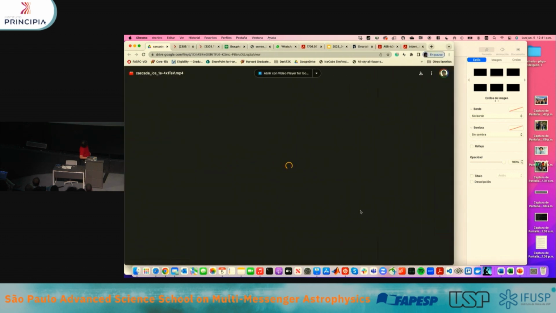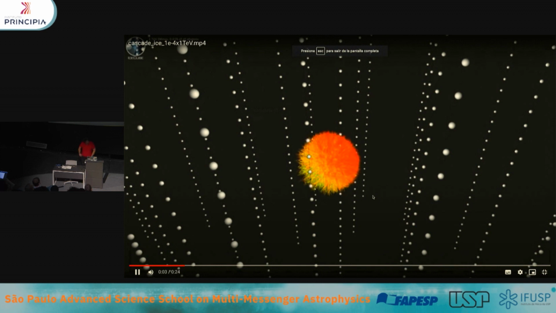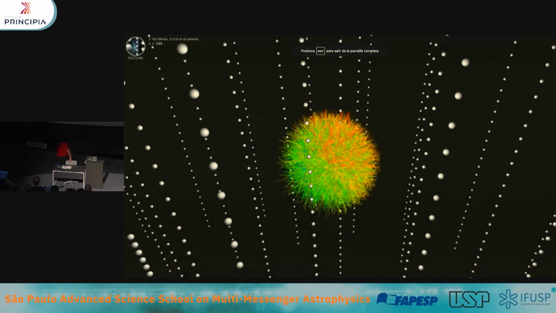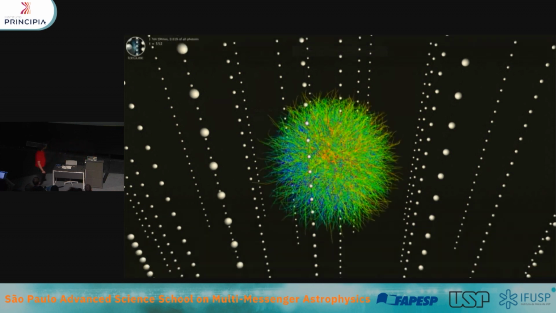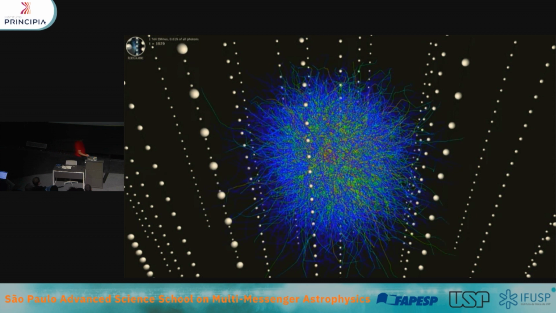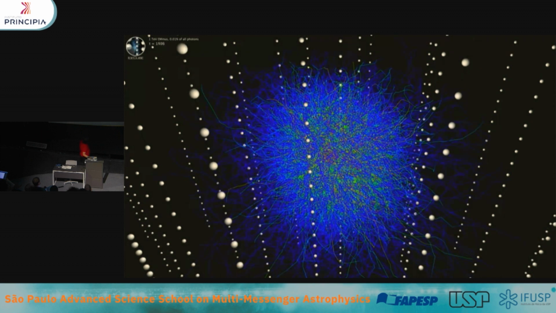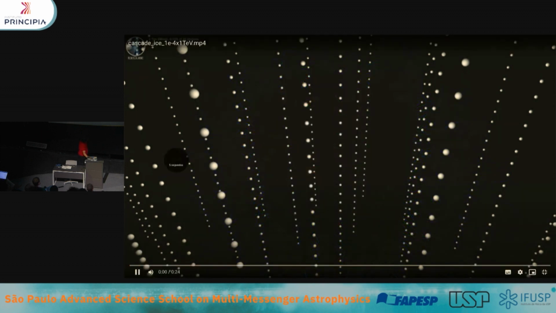Where is it? So this is a cascade in ice. Okay. Again, you can see this sort of, let's see if I can place again. I cannot see where my cursor is. Oh, there.